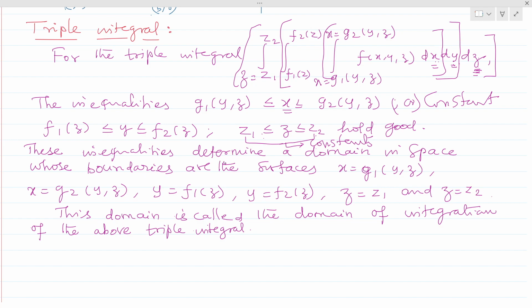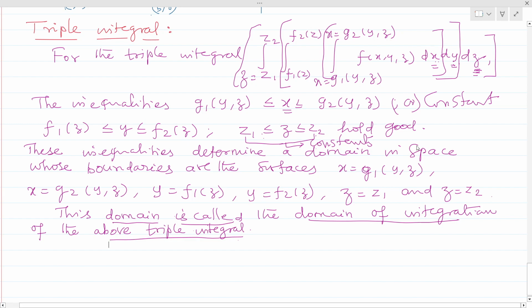So these inequalities determine the domain in space whose boundaries are the surfaces given here. This domain is called the domain of integration of the above triple integral.